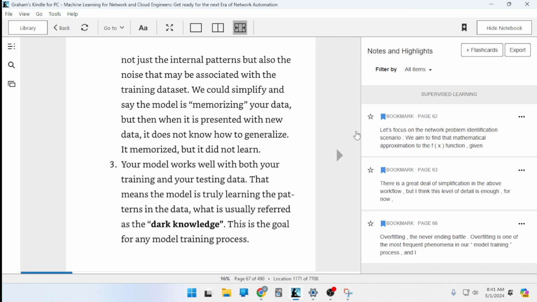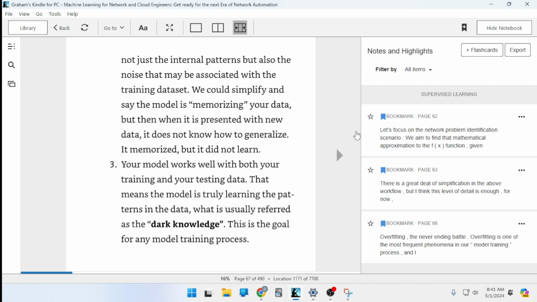And I don't like that word dark in there because it makes it sound like it's the bad knowledge, the evil knowledge, like the dark magic, the dark arts, from Harry Potter. So I think a better word would be the deep knowledge, the hidden knowledge. This is when your model is working well. It discovered some hidden insight in the data that applies to new data.